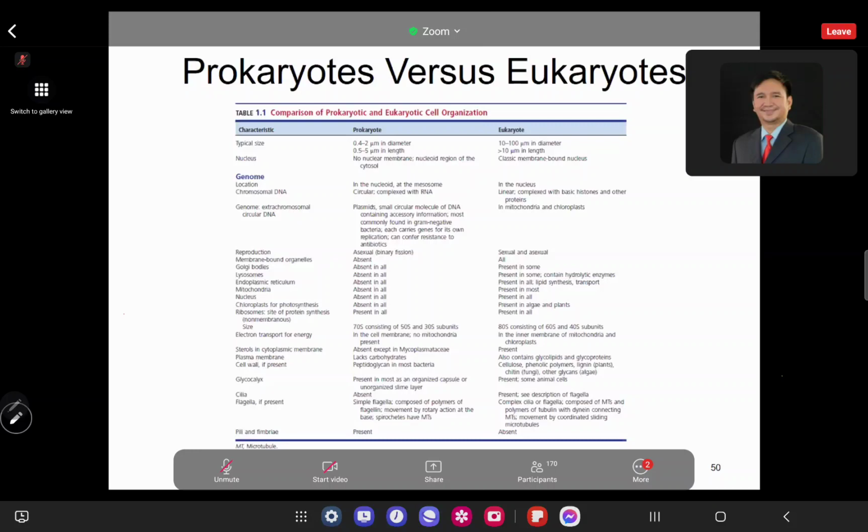In terms of the genetic material, which has a single circular DNA located in the nucleoid? Prokaryotes. They possess organelles such as mitochondria and chloroplast. Eukaryotes. Reproduce through binary fission. Prokaryotes. Very good.